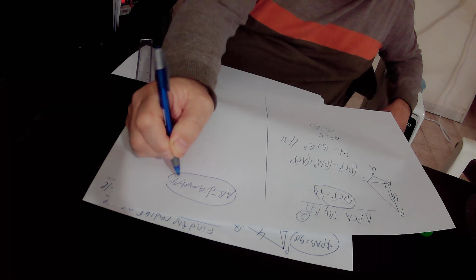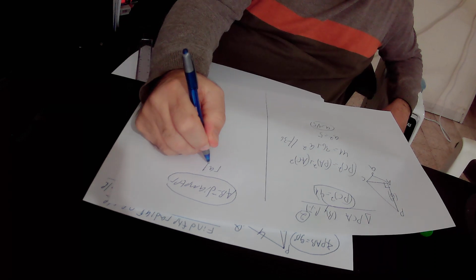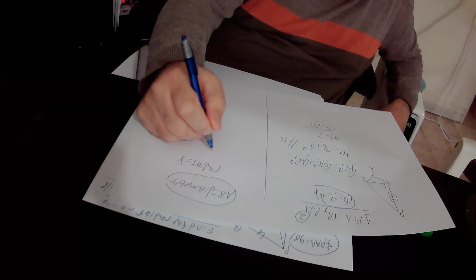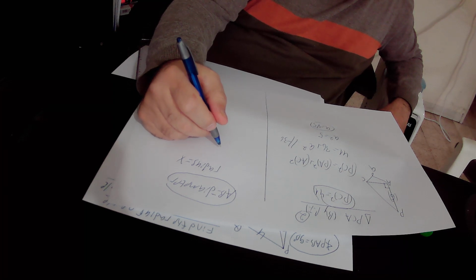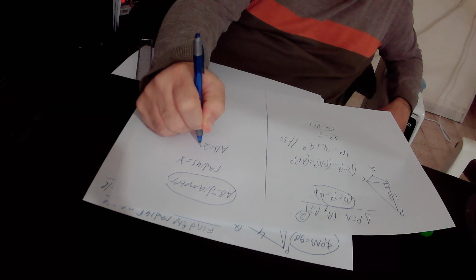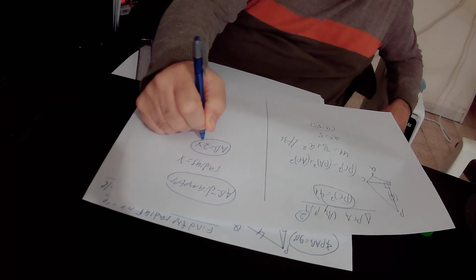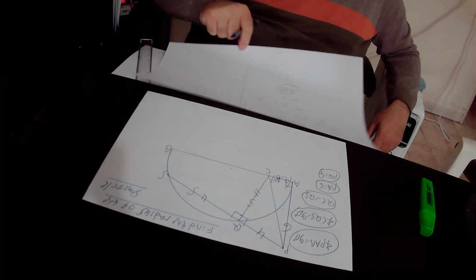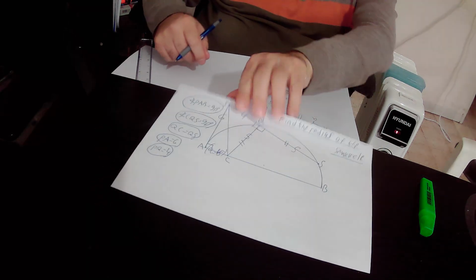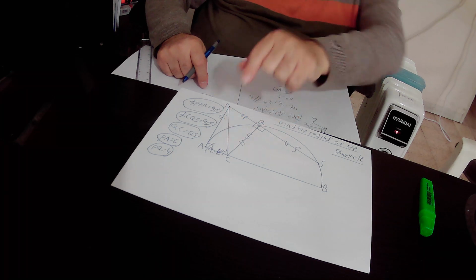We define the radius of the semicircle as x, therefore the diameter must be equal to 2x. That is to say, AB, that is the diameter, must be equal to 2x. So AB is 2x and AC is the square root of 5.